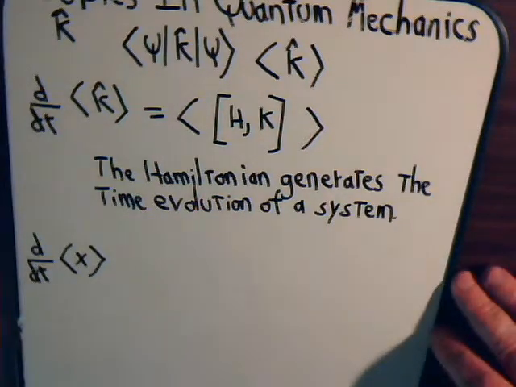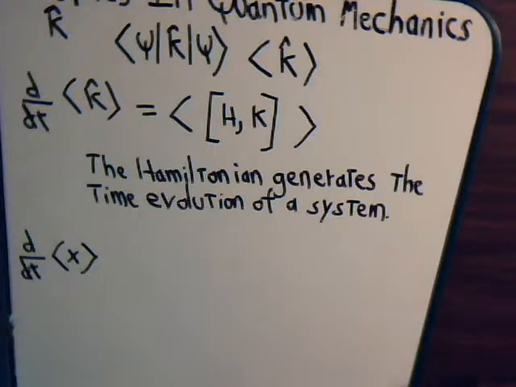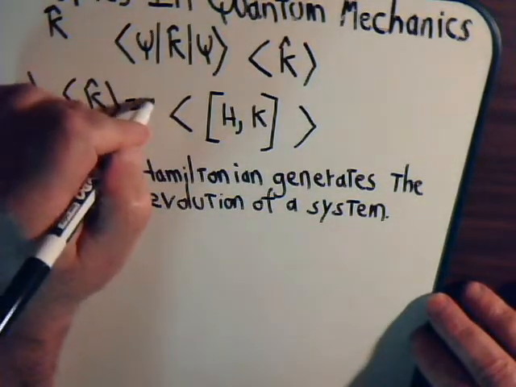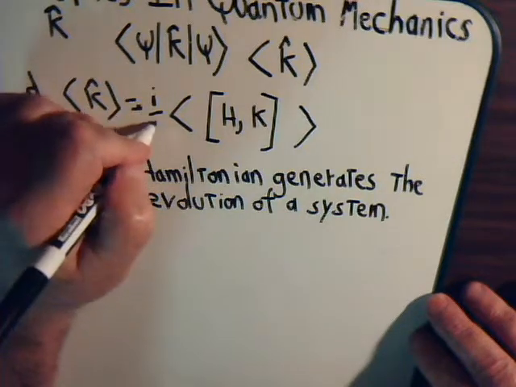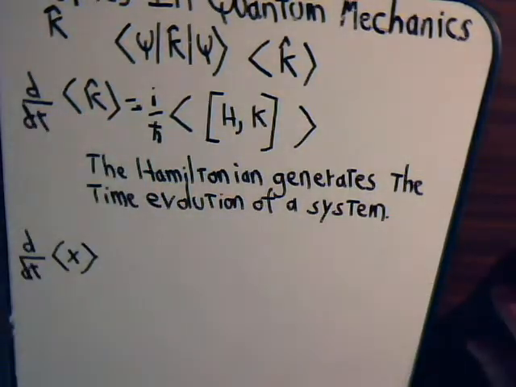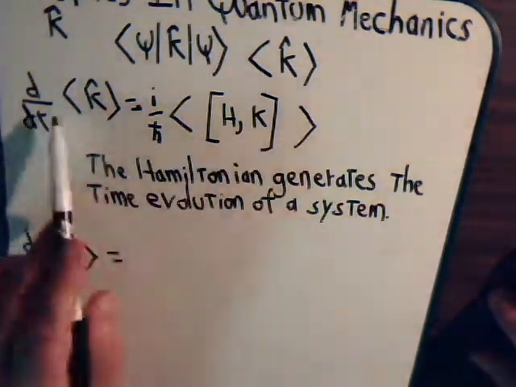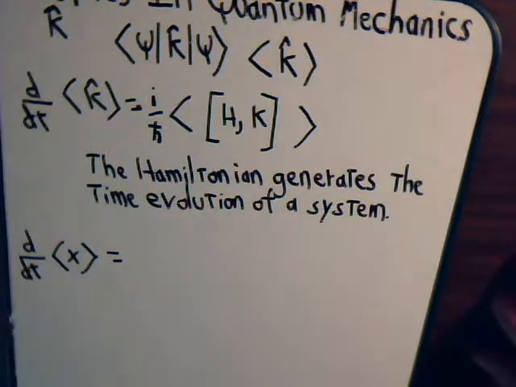So, according to the definition, and looks like we may have left out the i over h bar from here. Okay, let's apply what we had derived in the last video.